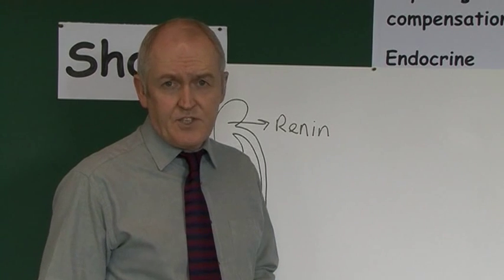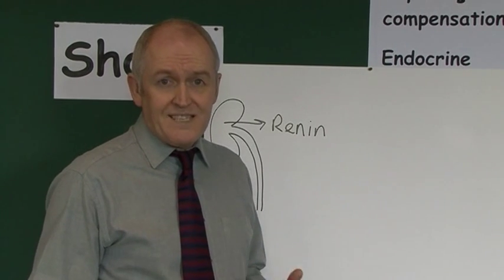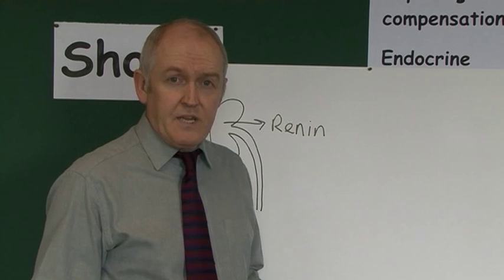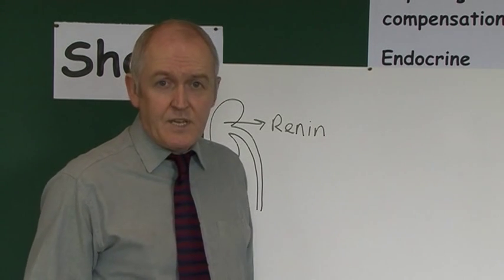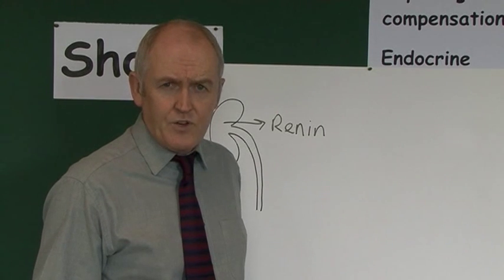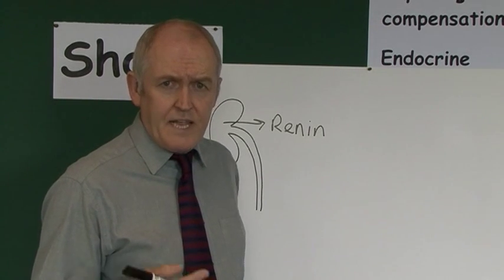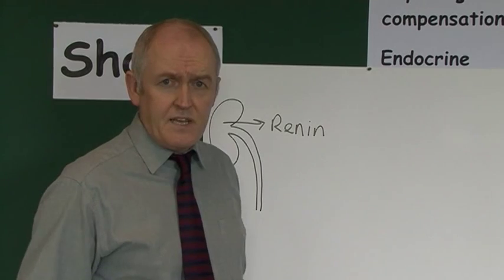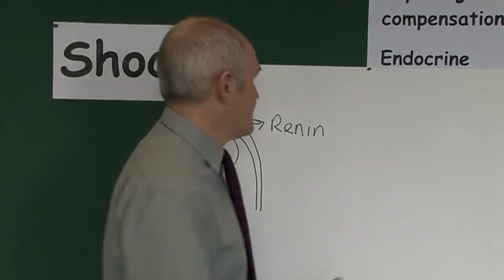So angiotensinogen, a protein present in the plasma, produced by the liver, circulating around, and it doesn't do very much. It's not a physiologically active molecule, it just circulates around in the blood. So in the blood already, there is angiotensinogen.